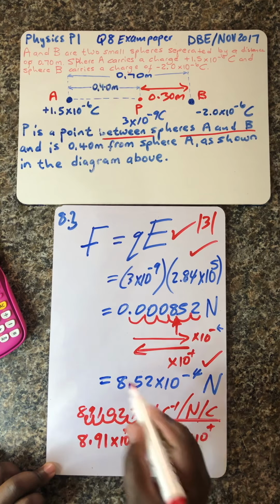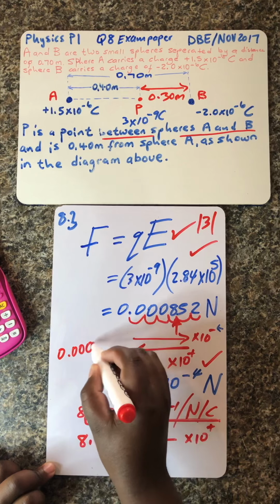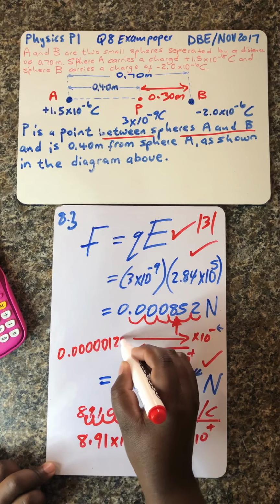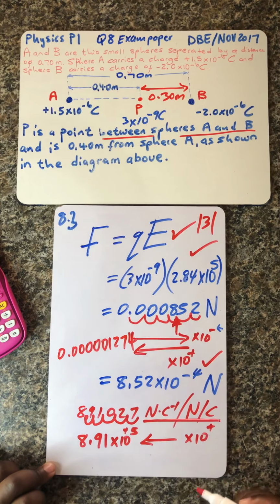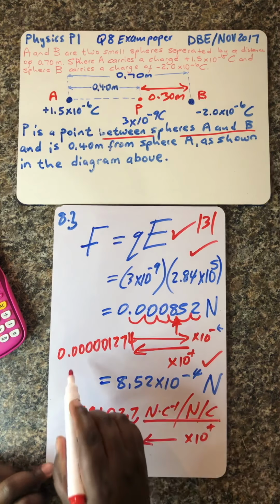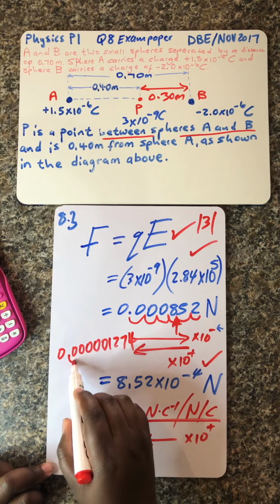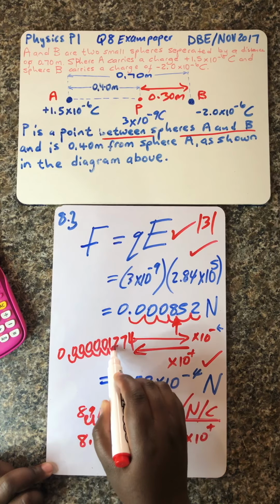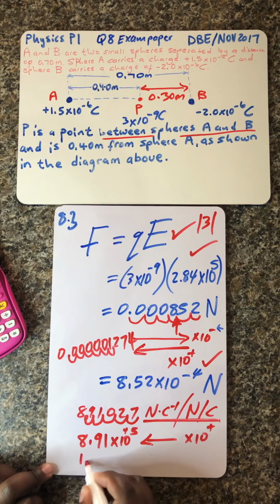Okay, so if you had, let's say, 0.00000127, this is how you then do this one. You just count up until the first number. You've got 1 2 3 4 5 6. Okay, this is where you stop. Then it's going to be 1.27.